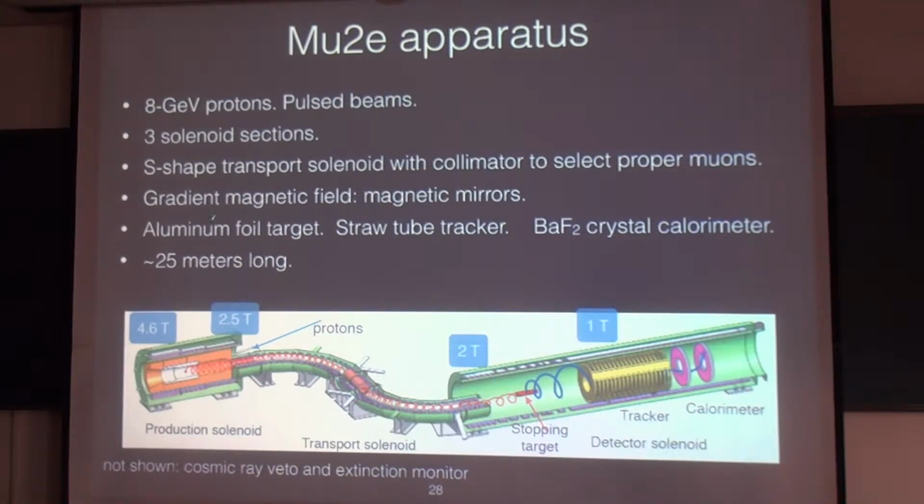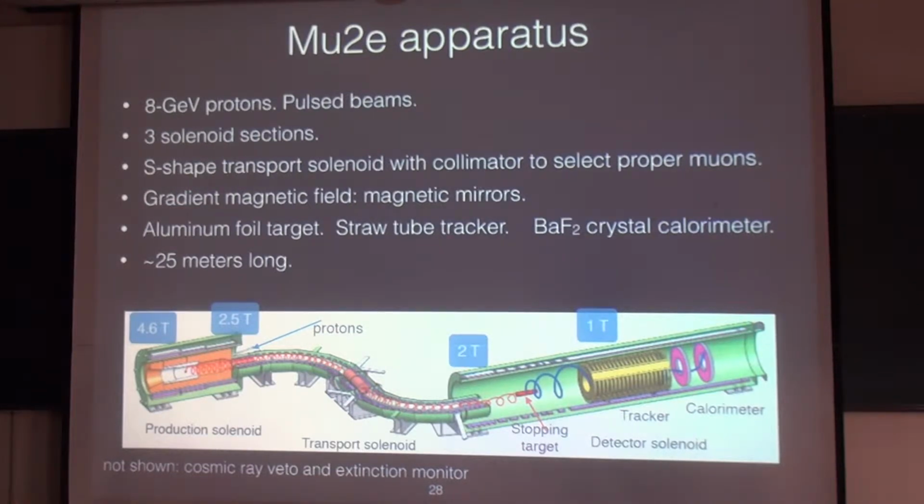Basically, we have three solenoid sections. One is called the production solenoid, where a proton comes in and hits a thin tungsten target, and a bunch of pions get created. Those pions are reflected by this magnetic mirror because of the gradient magnetic field. They come back this way and spiral through the transport solenoid.